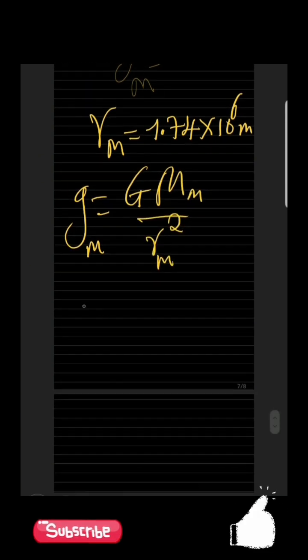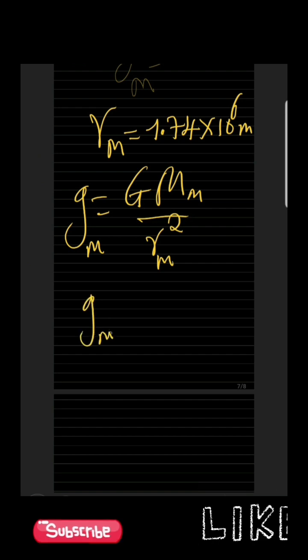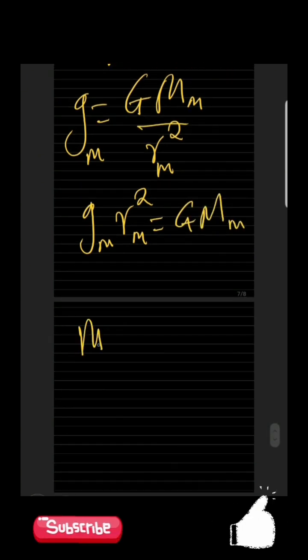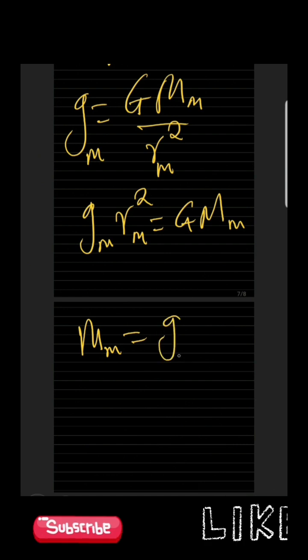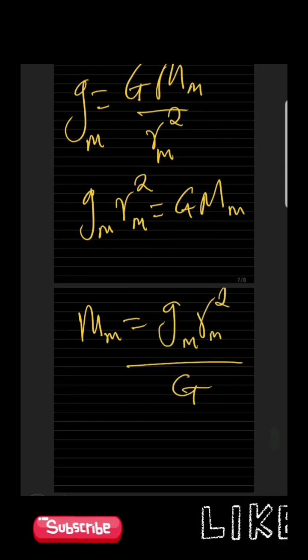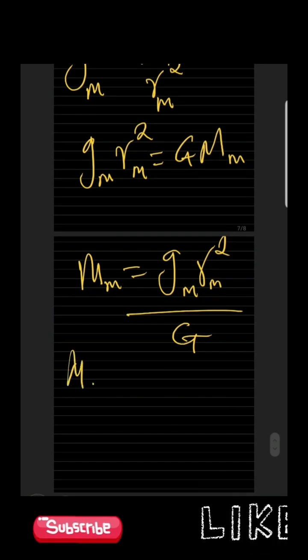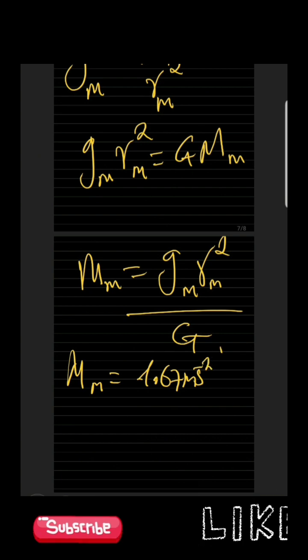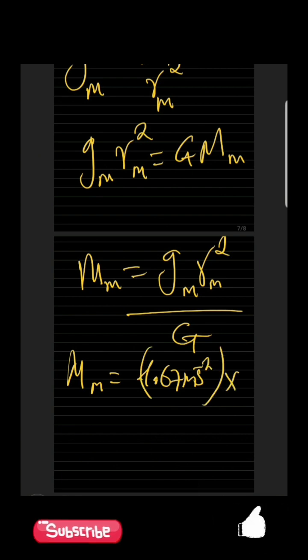So here we can solve for mass of moon. So g of moon, I can cross multiply radius of moon all squared is equal to G mass of moon, and from there we can have mass of moon is equal to g of moon times radius of moon all squared, all over G, and mass of moon will simply be 1.67 meters per square second multiplied by, what did they say?